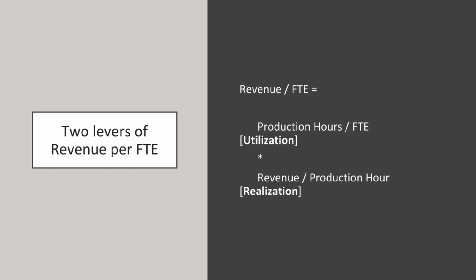Your production hours divided by your full-time equivalents, your production hours per FTE, multiplied by your revenue per production hour, actually equals your revenue per FTE, right? So I'm just breaking the revenue per FTE into other algebraic fractions, and then I'm putting a qualitative description on those other algebraic fractions, right?